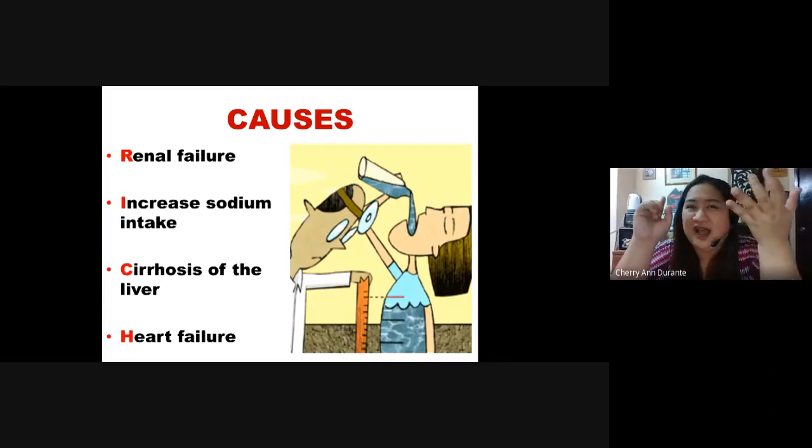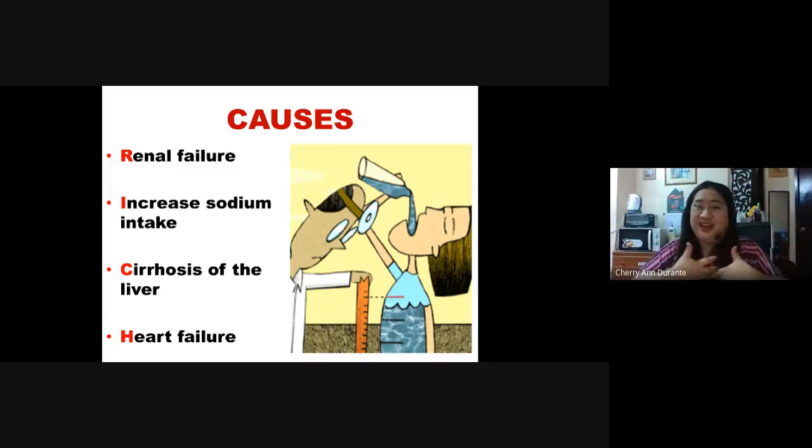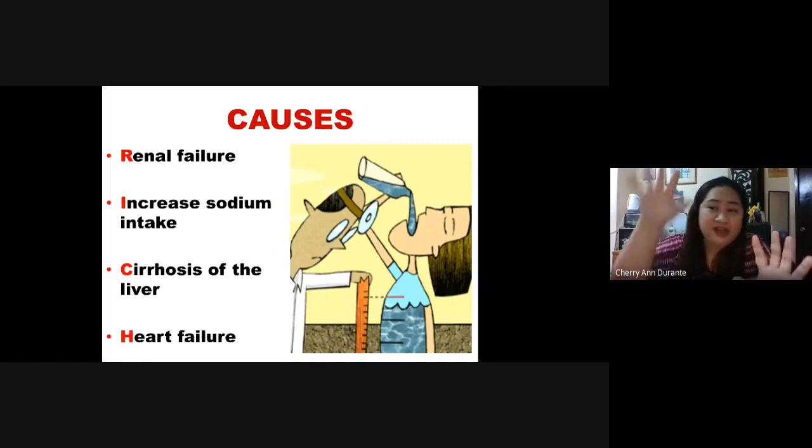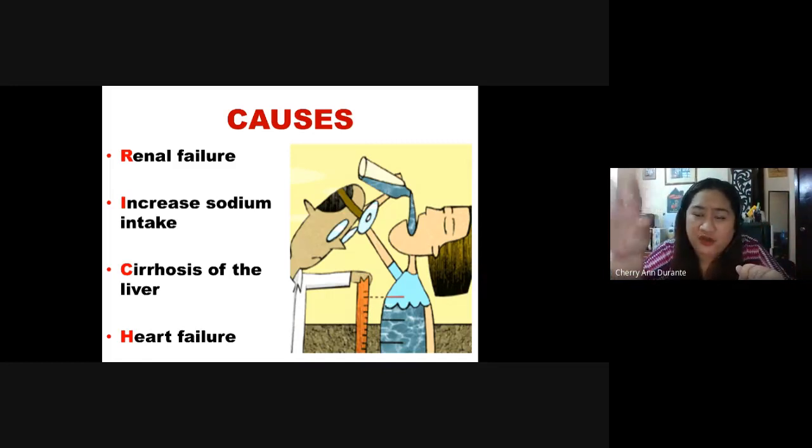You have crackles, dyspnea, frothy, blood-tinged sputum. So lahat ng signs and symptoms usually has something to do with the lungs pag left-sided. Pag right-sided heart failure, it's all about systemic congestion or fluid retention.